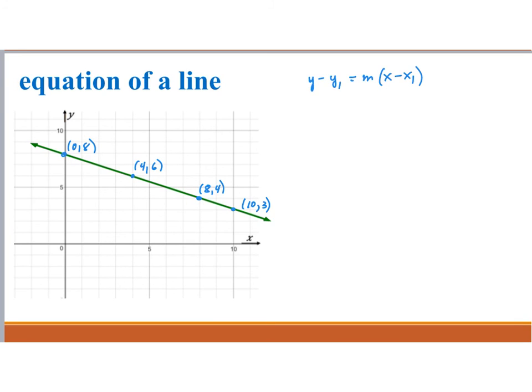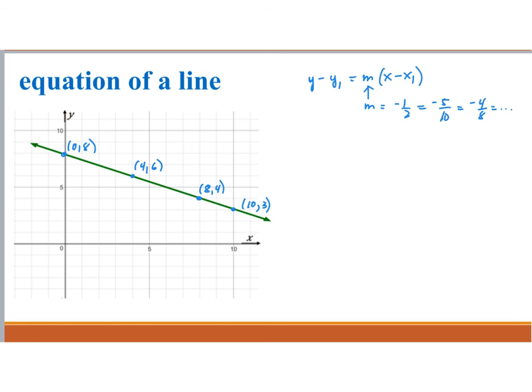To use this form, we just need m. We've already seen it as negative 1/2, which we got from negative 5 over 10, and also negative 4 over 8. Actually, it could be any fraction that will end up as negative 1/2 when simplified.